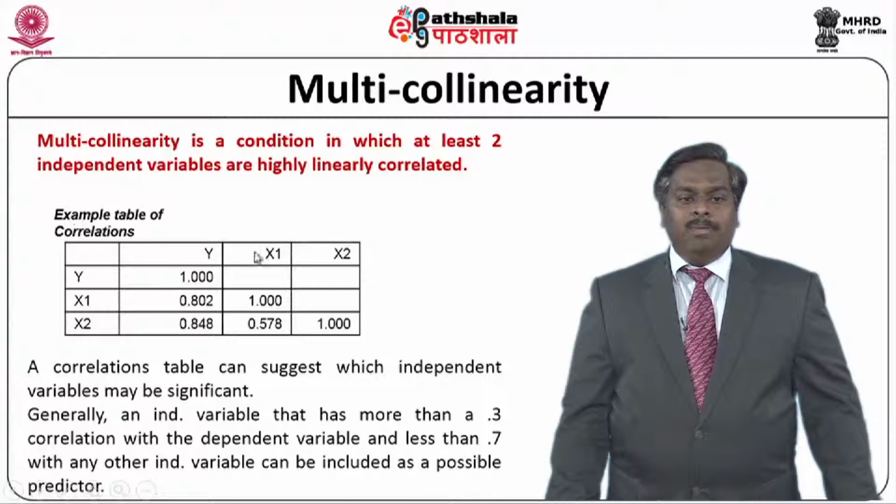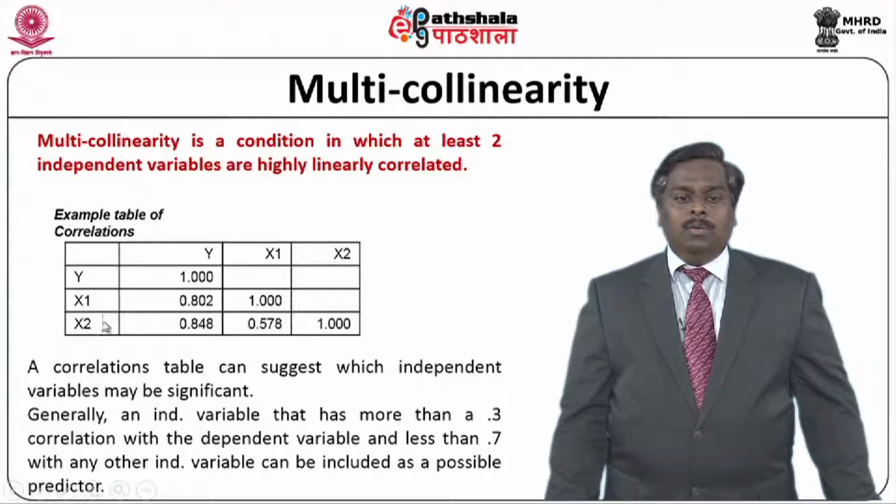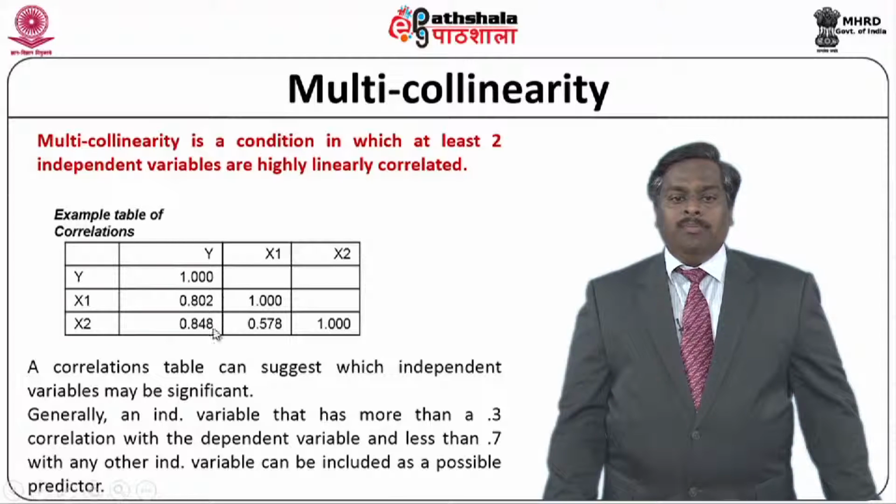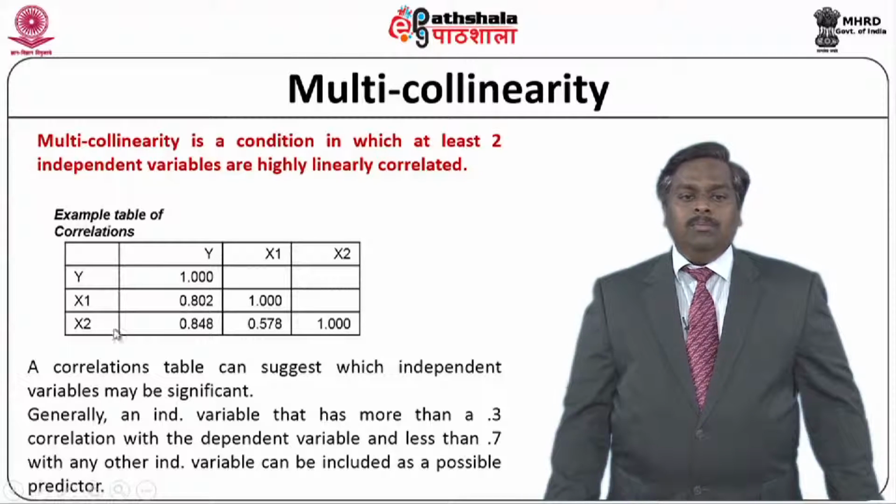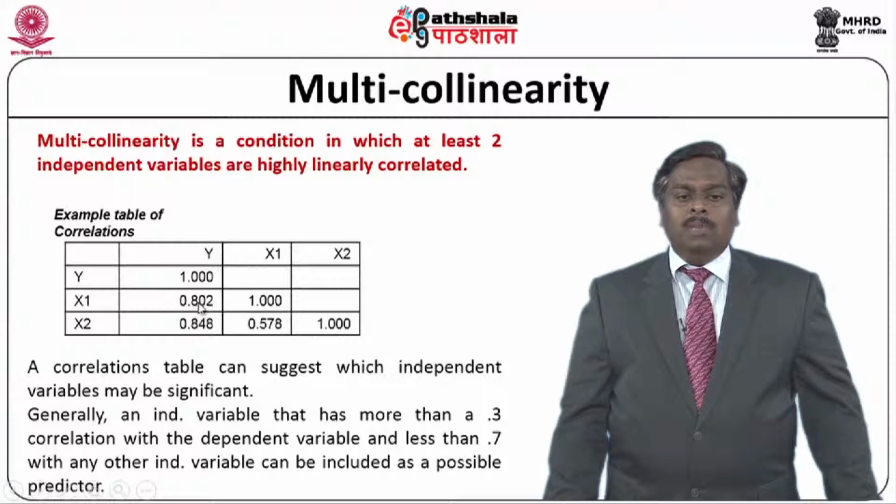For example, here in this table we find y and 2 other independent variables, x1 and x2. We find x1 and x2 have only a minor difference with respect to their correlation with y, so we may be confused whether to choose x2 or x1.